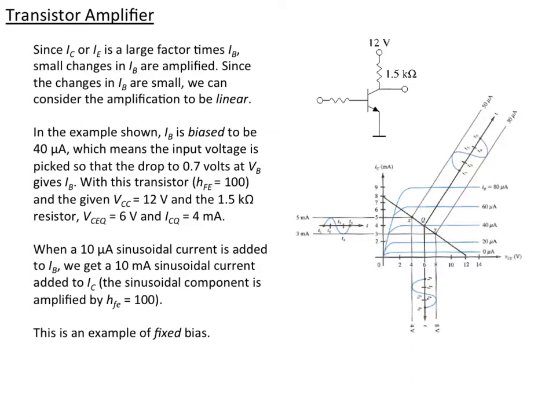The amplification comes now if we change which of the lines here we're looking on, and that's what's represented here. We start with this quiescent value of the current, and we change it up and down by 10 microamps, meaning we pick lines in between the two shown here from 30 to 50, and as we do that, we'll draw more or less current through here, meaning if we draw more current, this voltage will go down.